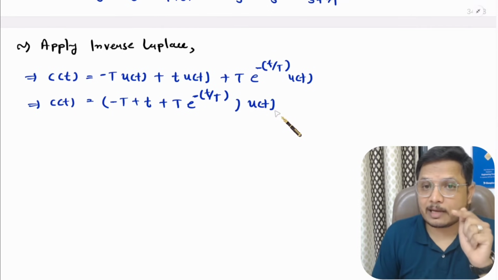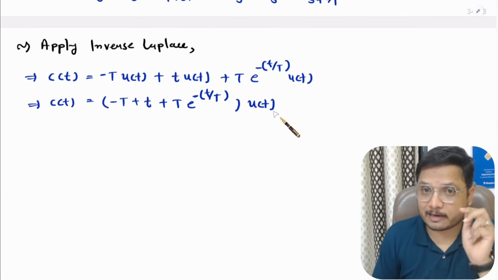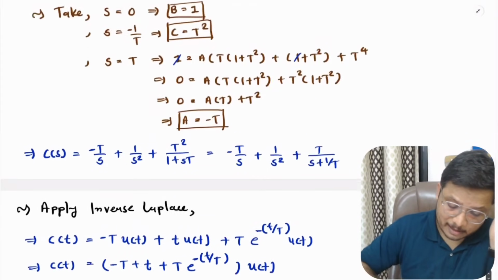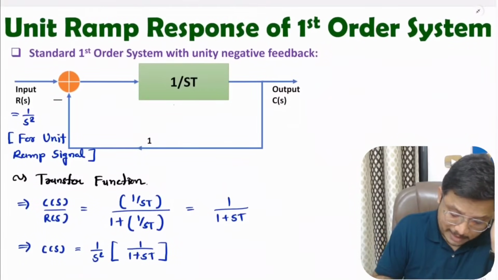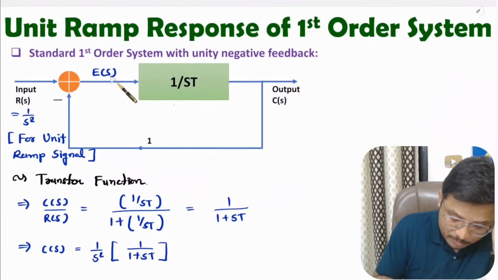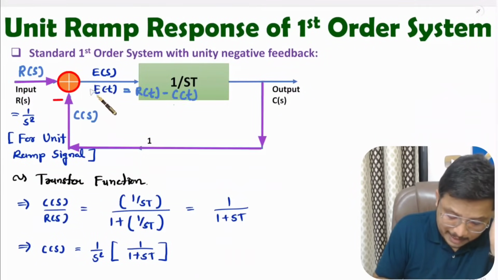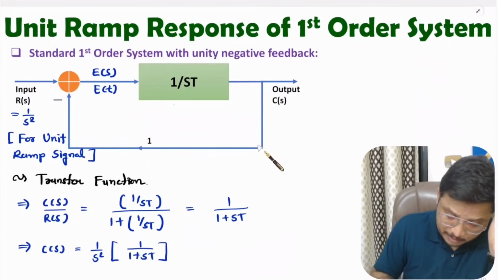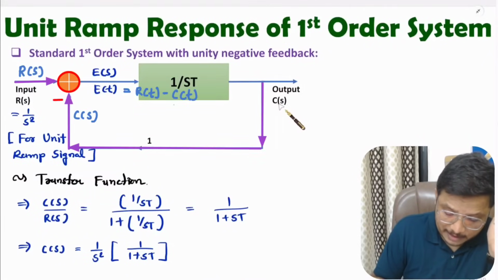First of all, I will explain the calculation of the error signal. The error signal here will be E of s in Laplace domain and E of t in time domain. This error signal will be the input signal minus the feedback signal, that is C of t.